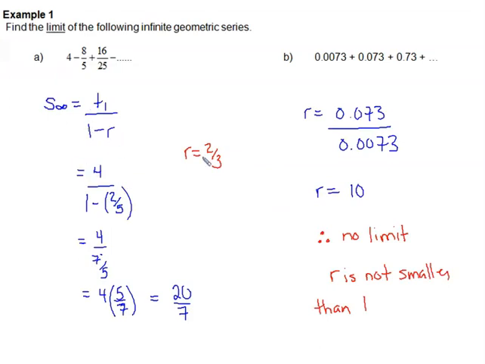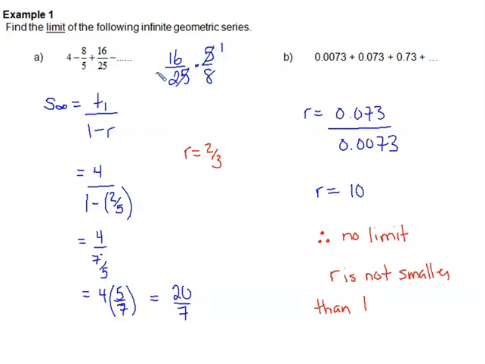So let's have a look. For just time purposes, I have this one filled in. For this one, it says to find the limit of the following infinite geometric sequences. So the limit, so it's going to converge to what? I have my series that's infinite. My T1 is my 4. Over 1 minus r. So if I'm looking for my ratio, I can do the 16 over 25, and I'm going to divide it by 8 over 5, which is multiplying by 5 over 8.